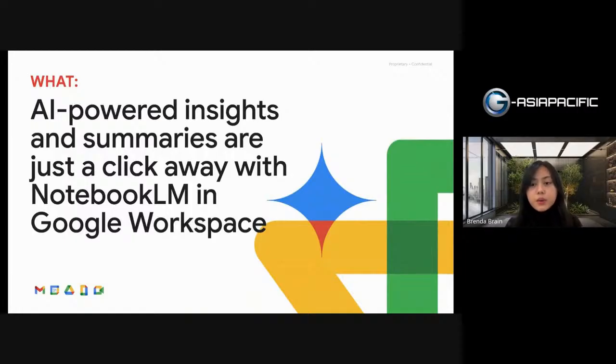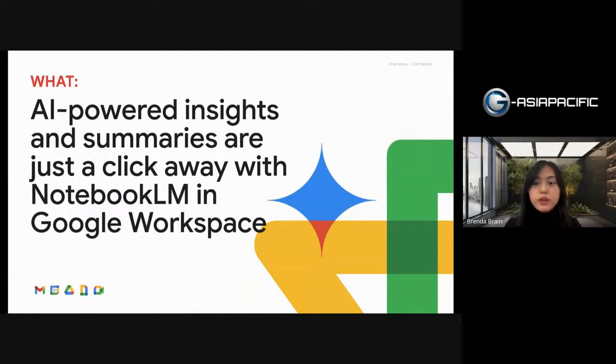Now we are going to talk about what if all the stuff that you need to do, for example, summarizing, finding insights, and sharing information, could be solved. So the solution is AI-powered insights and summaries.